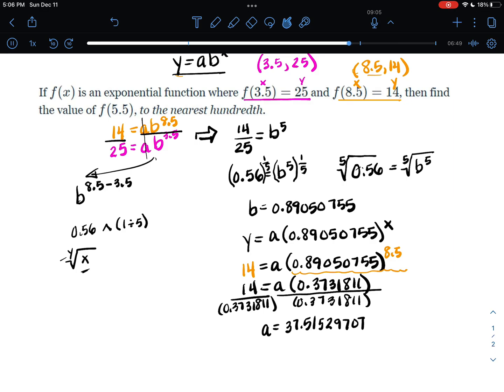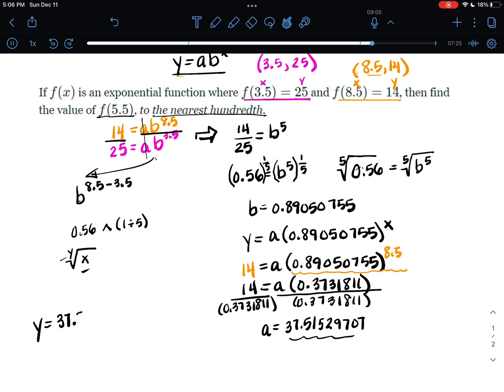In order to put it into my function, I'm going to have y equals 37 point, and the first thing I notice is that my original question was asking me to evaluate it when x is 5.5 and then round that value to the nearest hundredth. So I'm not going to want to round my a or my b value yet.